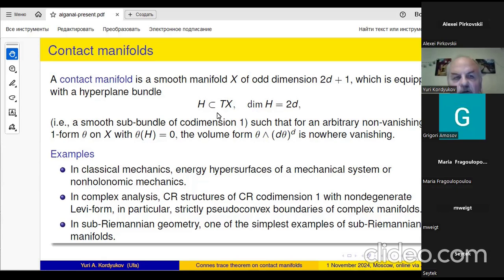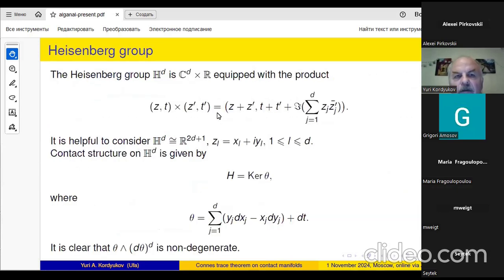These are the three sources of contact manifolds. And the standard example is the Heisenberg Lie group. So this is the definition of this. Sometimes a more familiar definition is as a set of certain upper triangular matrices.